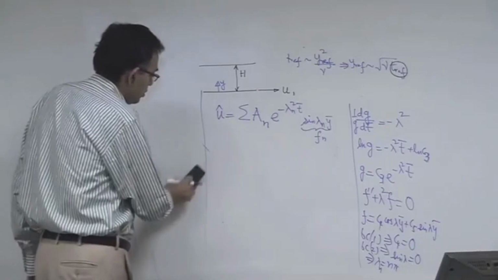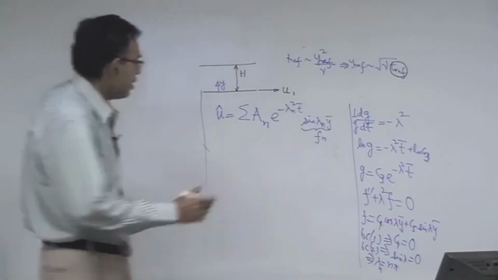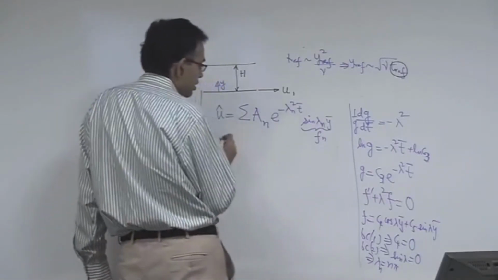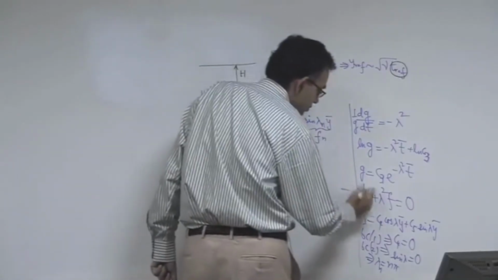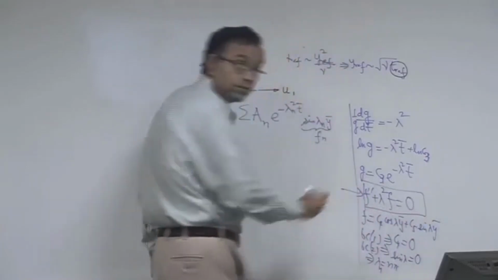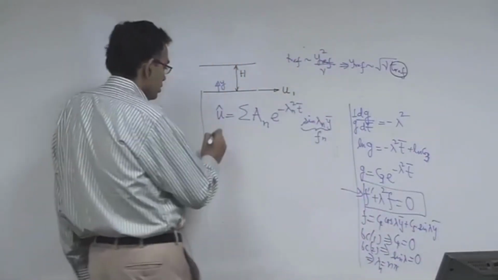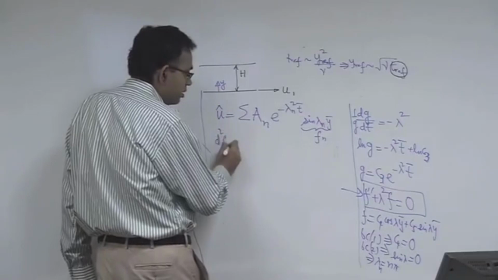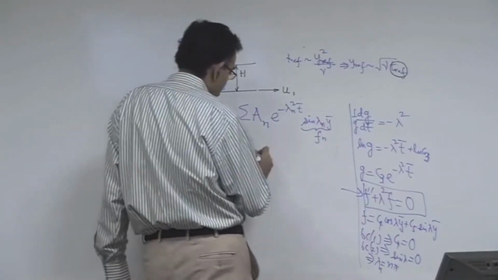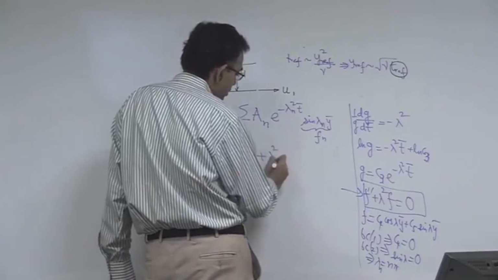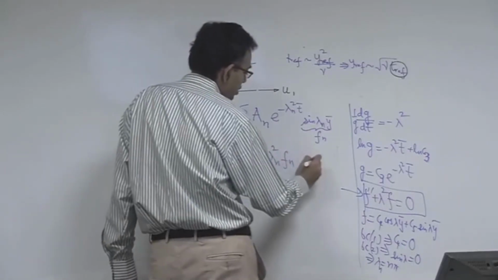So, the eigenfunction f n is given by this equation, which is d2 f n dy2 plus lambda n square f n is equal to 0.